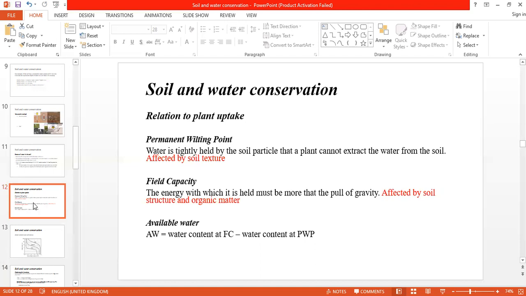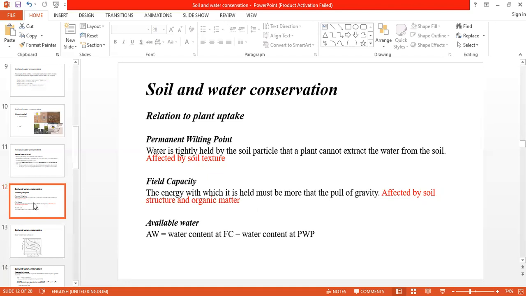But we need to understand that, depending on the soil that you have, the amount of water which the plants can extract will be dependent on how tightly it's held on your soil particles.